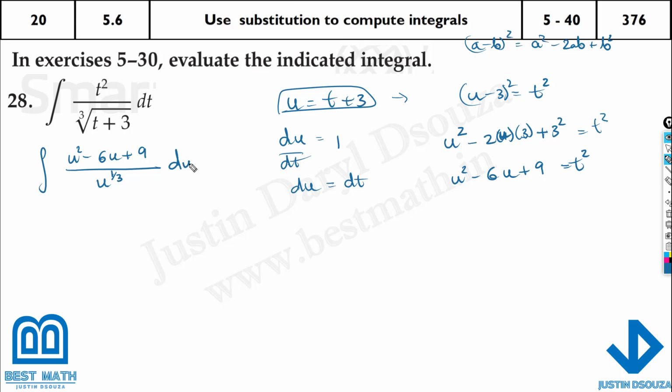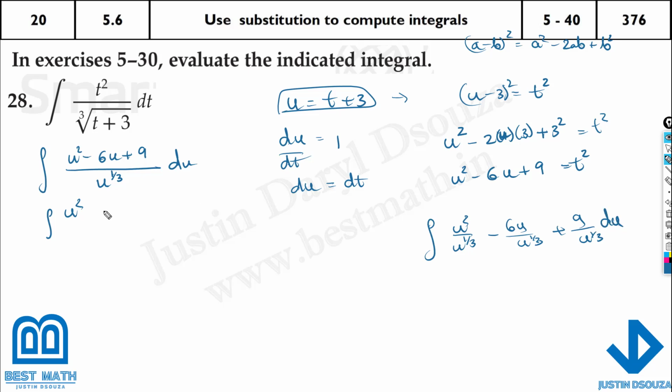That is in terms of du, because dt is equal to du. Now we can divide these terms. First term would be u squared divided by u power 1/3, minus 6u divided by u power 1/3, then plus 9 divided by u power 1/3.